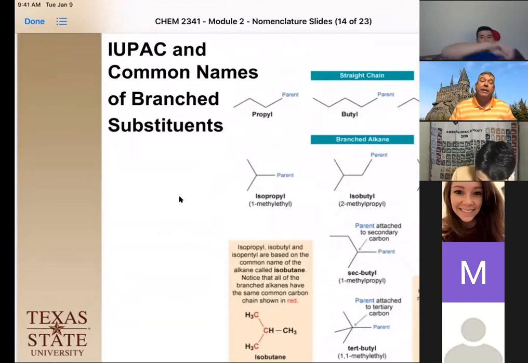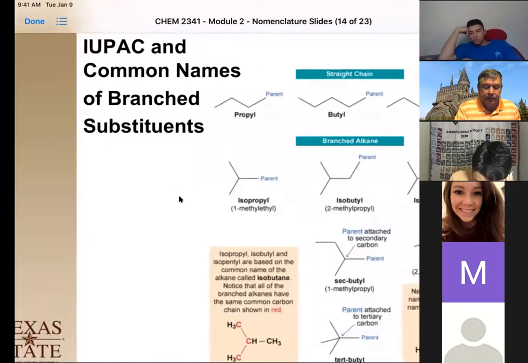I'm going to show you both the IUPAC name and the common name, and it's appropriate most of the time to use either one. You can use the common name if it's a substituent, okay? Or if it's a functional group, there are some common names we can use, and we name them slightly differently. But I want to show you each of these separately.